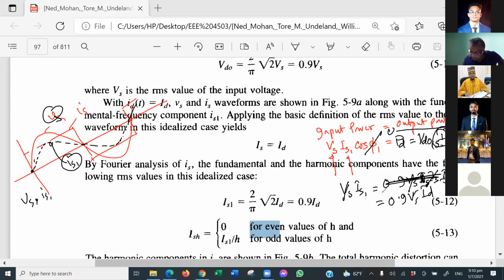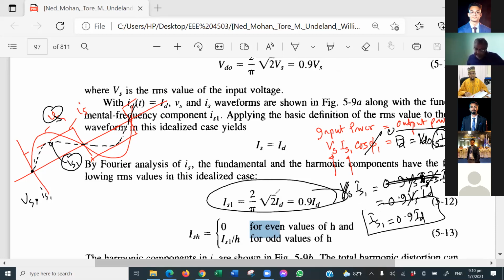So this Vs cancels, and we are getting Is1 equal to 0.9 ID. Is it clear now? I have proved it, but you can always get it by Fourier series. If you do the Fourier series, you can find out the peak value and divide it by √2. That will, of course, give you 0.9 ID.